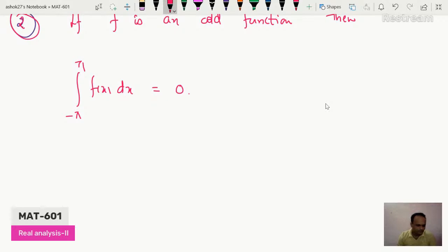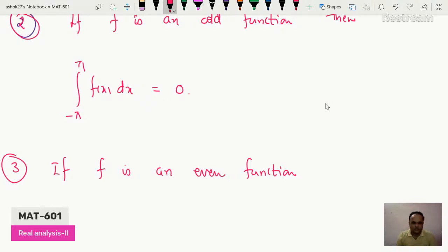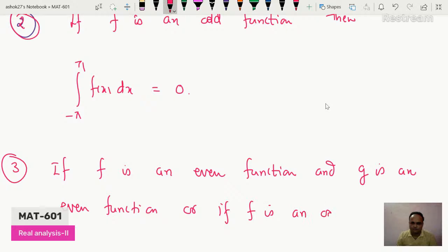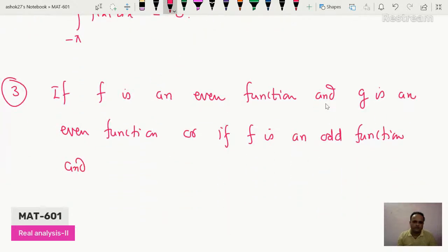Next, there is the third remark. The remark is that if f is an even function and g is an even function, or if f is an odd function and g is also an odd function, then what about f into g?